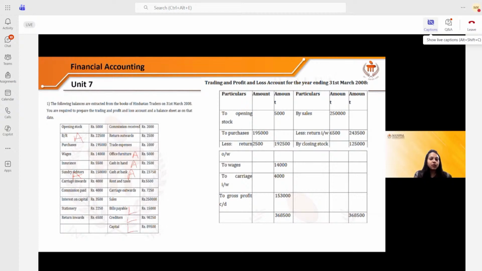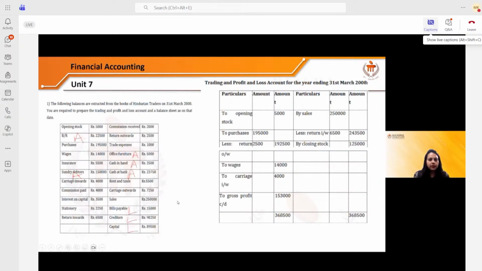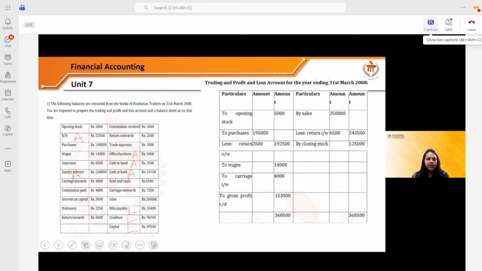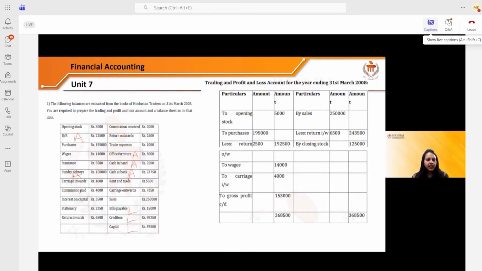Now I will put them into the format. Look at the assets. Look at this side only. Bills receivable 22,500. Sundry debtors 1,50,000.